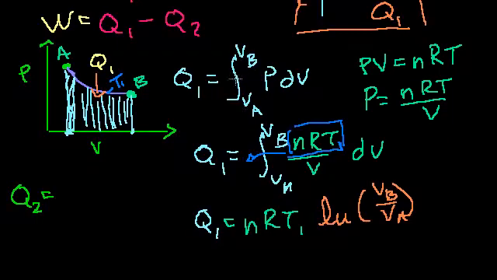Or I could just go from VD to VC and I'd get a positive area. So let me just do that. So it's the integral from VD to VC. Remember, the cycle we went from VC to VD, but I just want the absolute value. I want this to be positive, so I'm turning it the other way, of P dV.